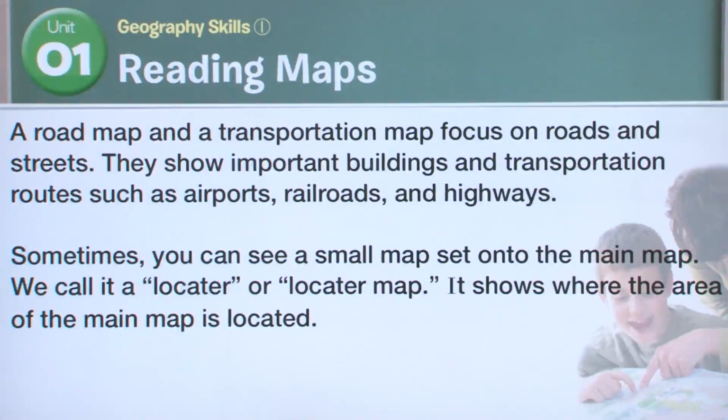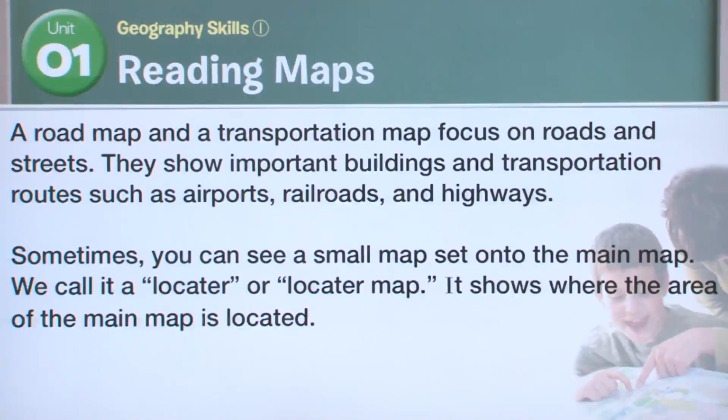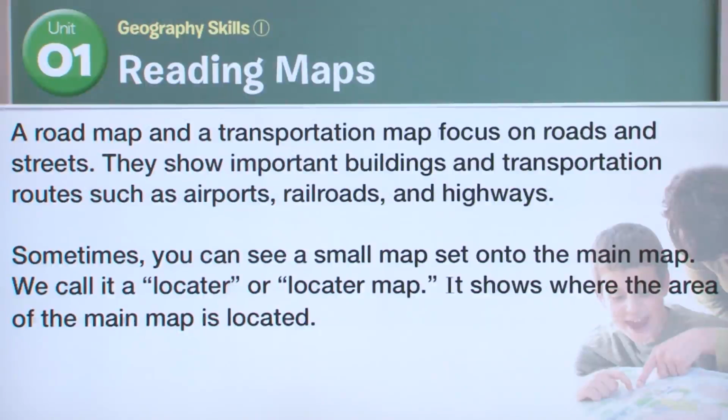They show important buildings and transportation routes such as airports, railroads, and highways. Sometimes you can see a small map set onto the main map. We call it a locator map. It shows where the area of the main map is located. Nice! Thanks for reading with me.